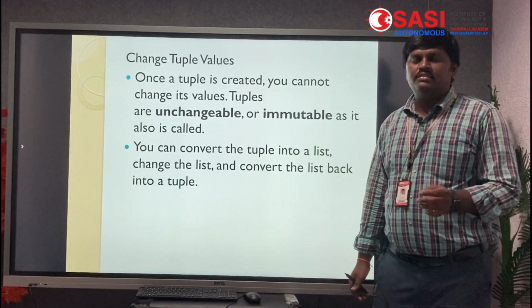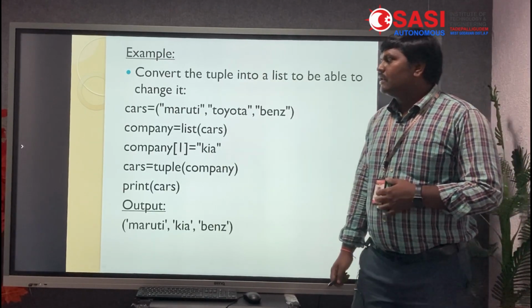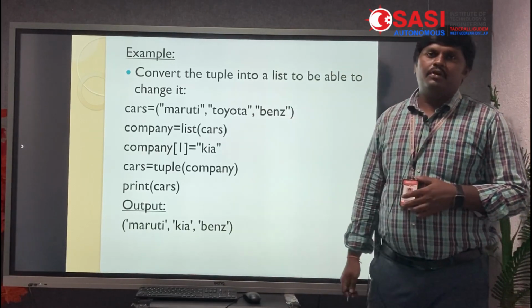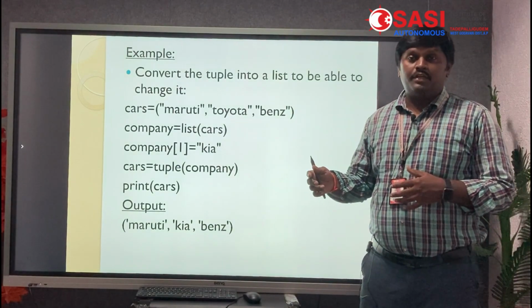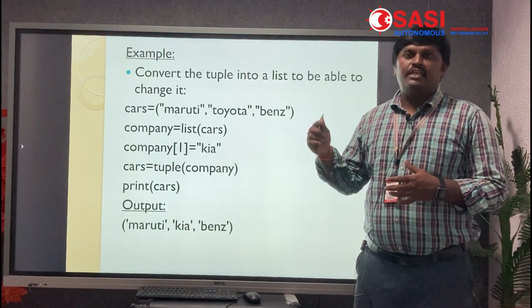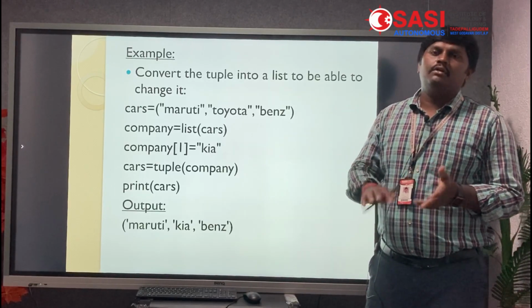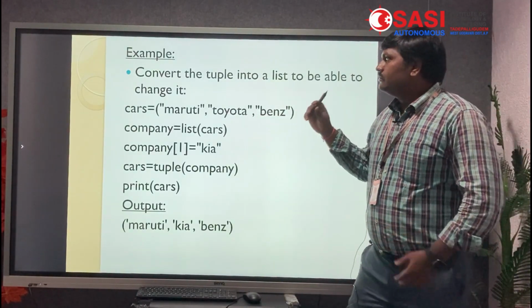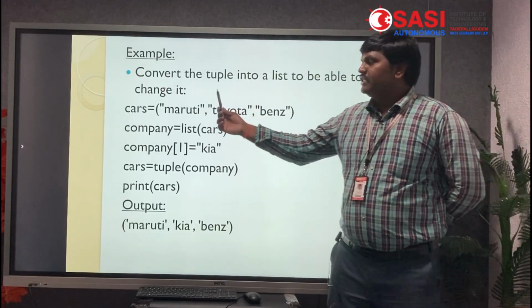That is the process for changing the tuple items. This is the example of converting the tuple into a list, changing the list items, and again converting the list into a tuple.